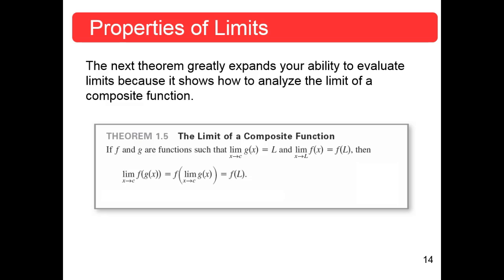Then the limit as x approaches c of f of g of x: you start with the x, put in a c, g of c is L, and then the limit of f of L is f of L. Okay, so there you have it. That's a composite function. That's going to be really important.